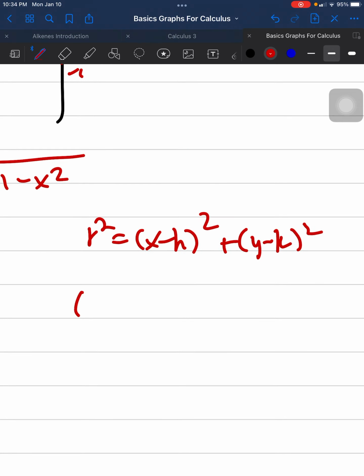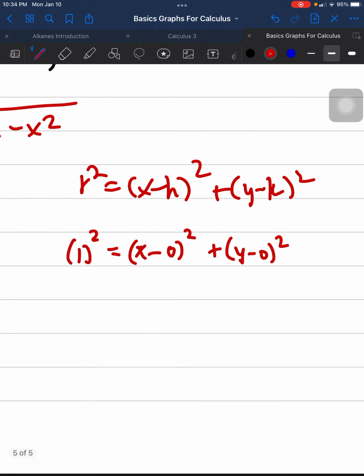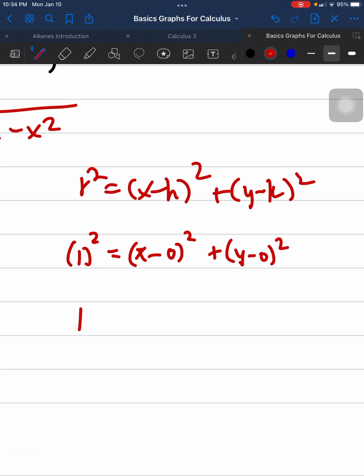So we just plug those values in. 1 squared is equal to (x minus 0) squared plus (y minus 0) squared, and we get 1 equals x squared plus y squared. Now you see that on one side of the equation we have a constant, and on the other side we have two different variables. And just like any equation, we solve for y.